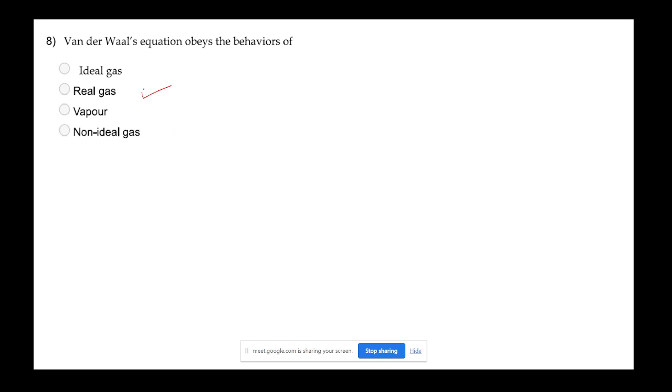So in that case, Van der Waals equation obeys real gas, and for ideal gas only, or when you have very low pressures, then only you should use the ideal gas equation, and there is only one equation which is used for ideal gas, which is nothing but PV equals to nRT. For real gases there are many equations. Van der Waals equation of state is one of them.